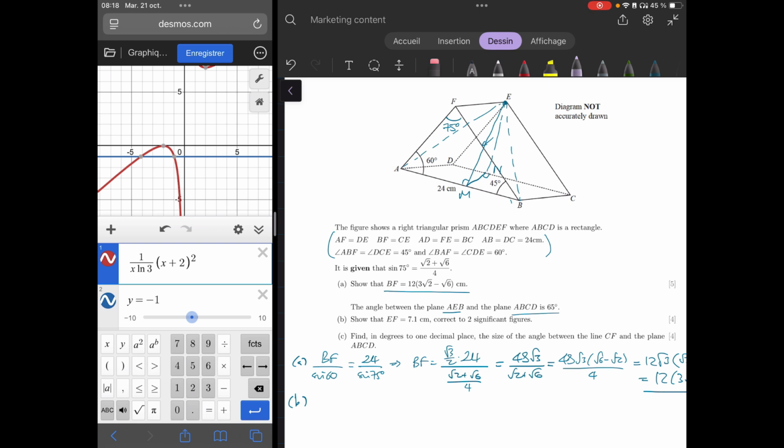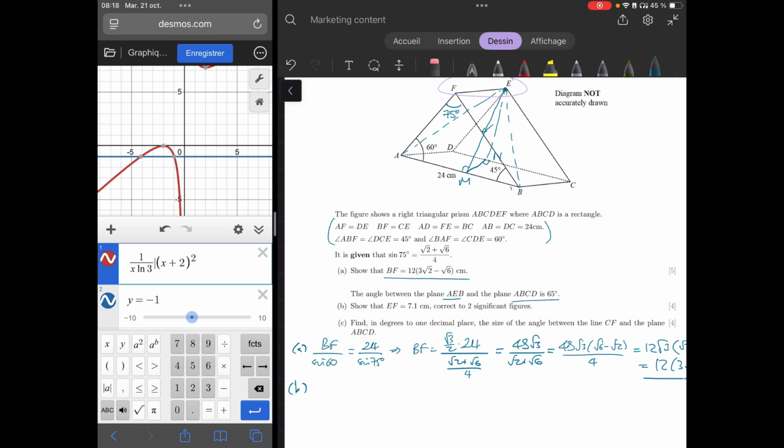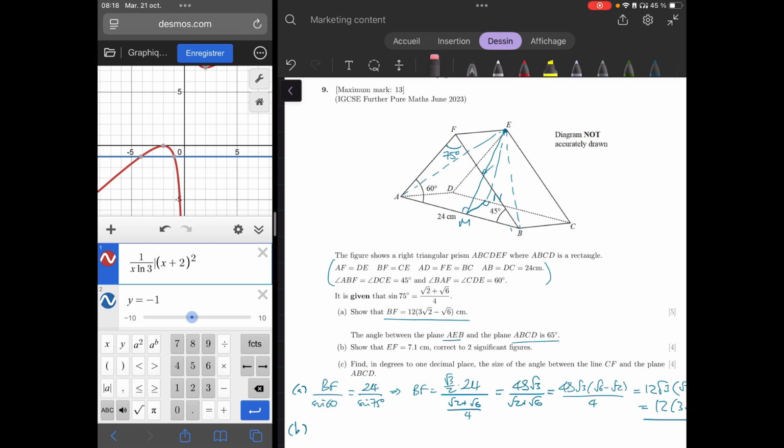We want to show that the length of EF is 7.1 centimeters. Let M be the foot of a perpendicular of F on AB. Let N be the foot of a perpendicular from E on CD.